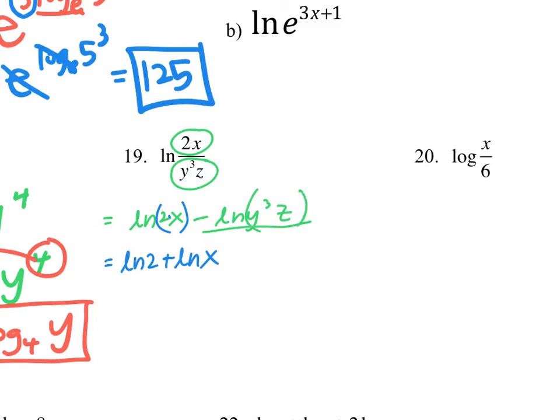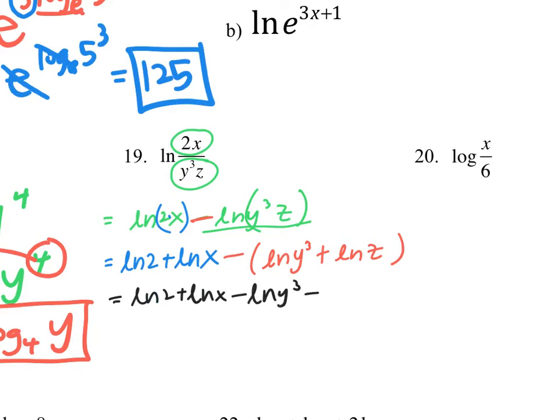But notice that I'm subtracting the entire quantity, so it's minus (ln of y cubed plus ln of z). And so because I'm subtracting the entire quantity, right, you would have to distribute that negative sign. So you end up with ln of 2 plus ln of x minus ln of y cubed minus ln of z. But remember, that power needs to be moved up to the front, and you will end up with this answer here: minus 3 ln of y minus ln of z.